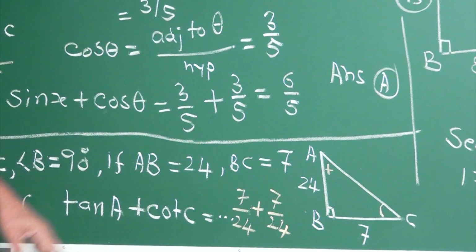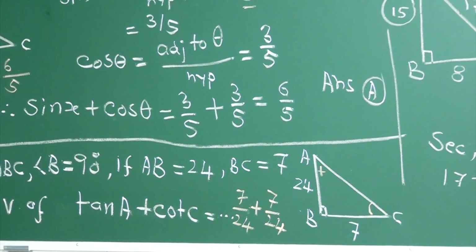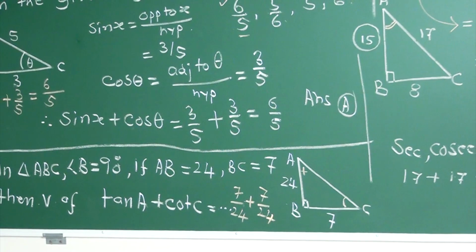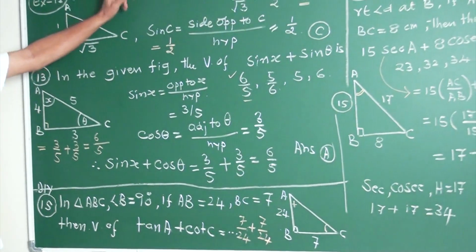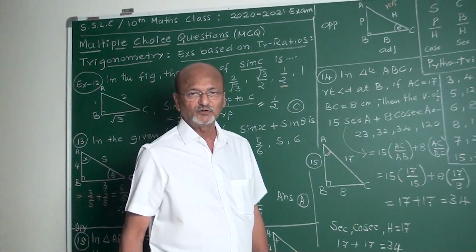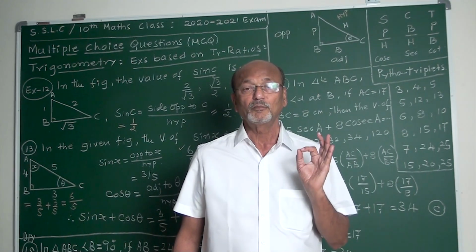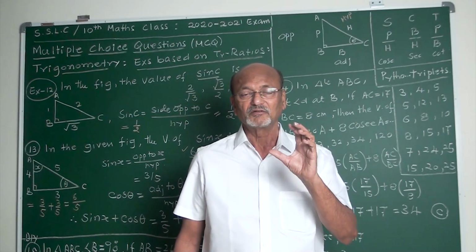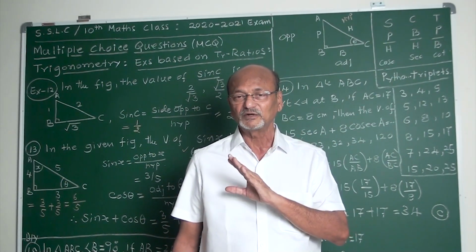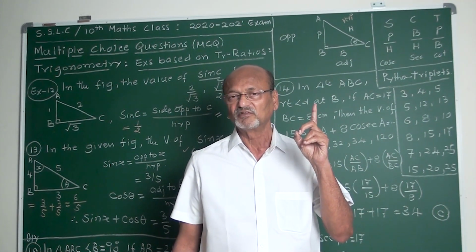I have done 15 examples based on trigonometric ratios, my friends. Next, I will do another 10-12 examples based on trigonometric ratios of complementary angles. I will tell in brief because that chapter I have already done. See my videos, I have done it in detail.